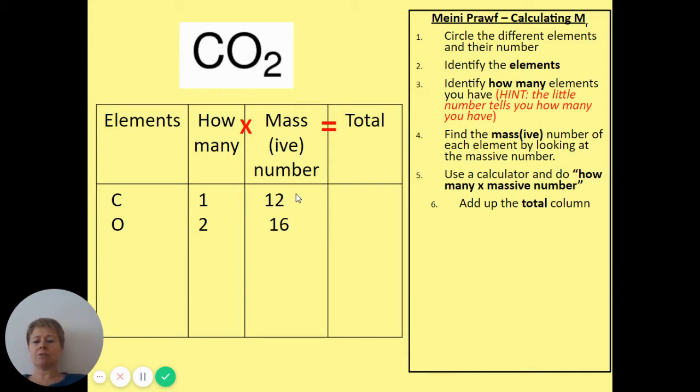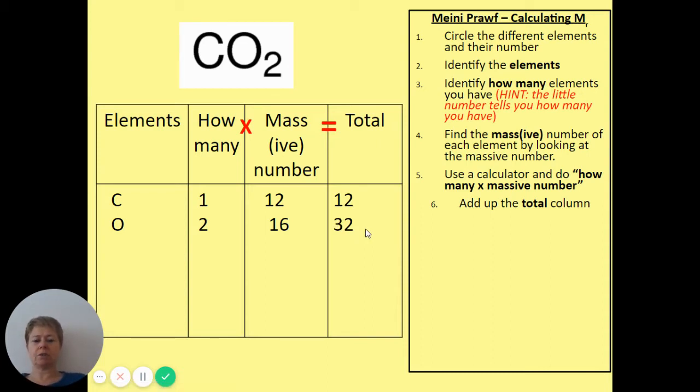So I write those in my table. I now use a calculator and do how many, multiplied by the massive number, and write my answers in the total. So 1 times 12 is 12. 2 times 16 is 32.